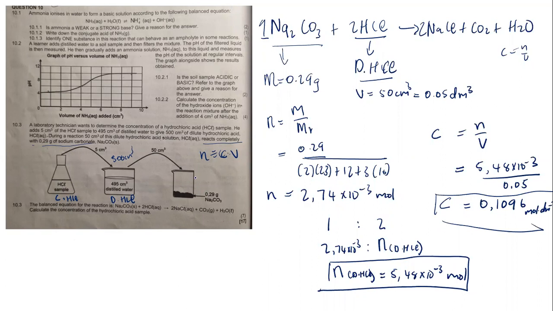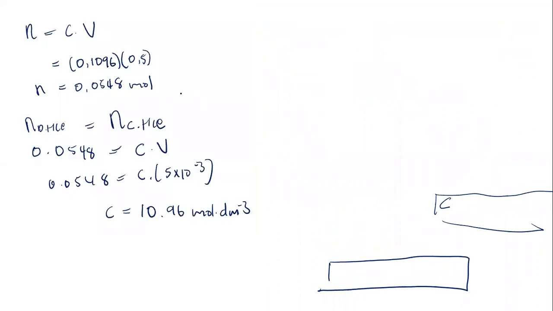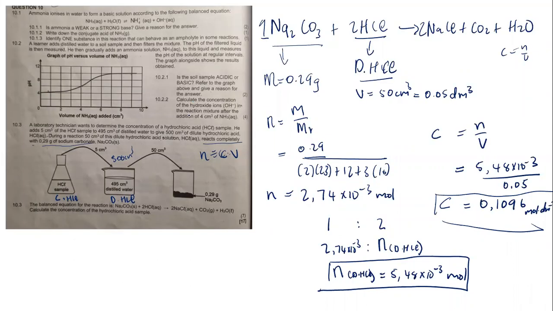So now, after determining the concentration of this HCl, listen. Are you listening? The number of moles is the same from here to here. What is the volume here? Here we have 50, right?